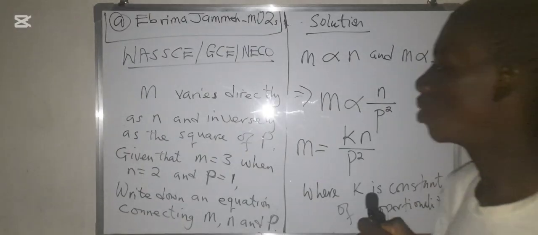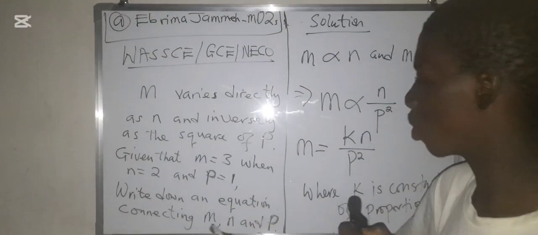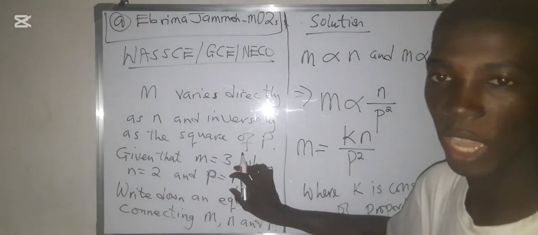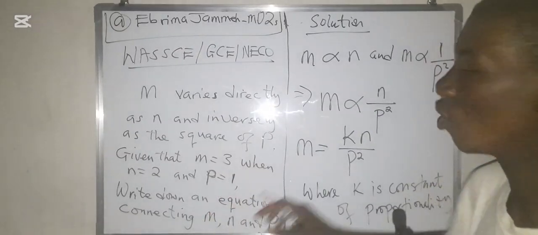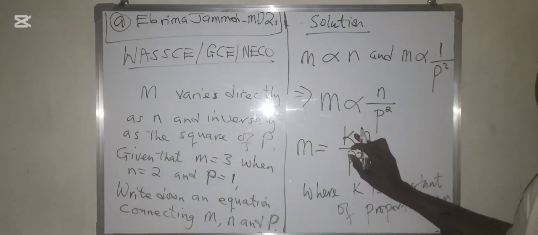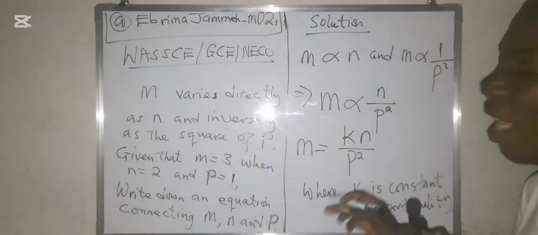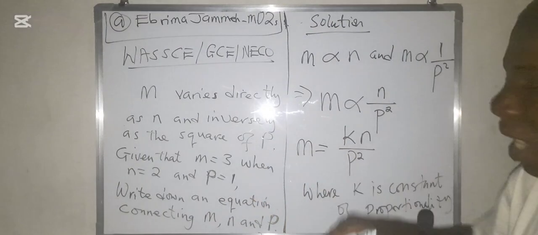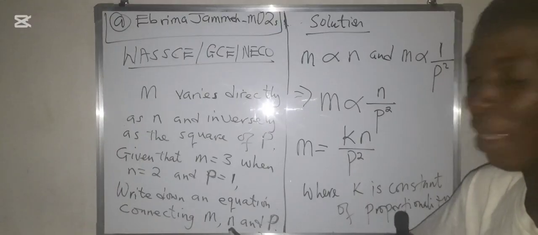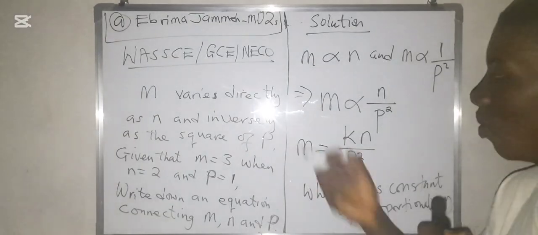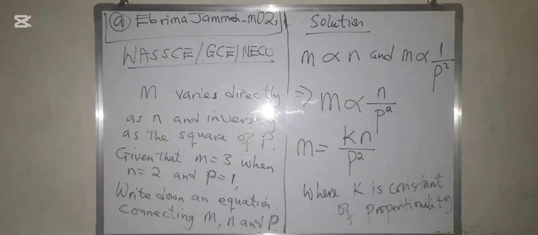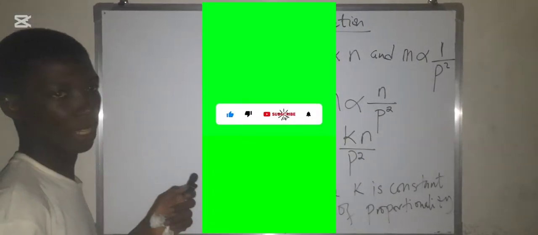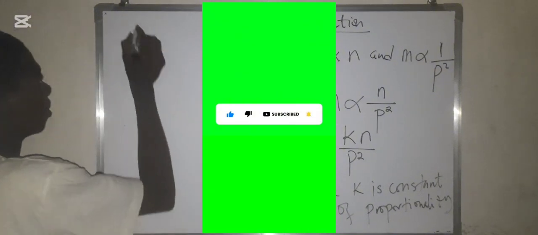So here, to write the equation connecting M, N, and P correctly, we are going to use these values for N and P to find the constant, as I said earlier. Now after finding the constant, we can conclude, using the value of the constant, the equation connecting M, N, and P. Let me solve it out. Now let's make K the subject.